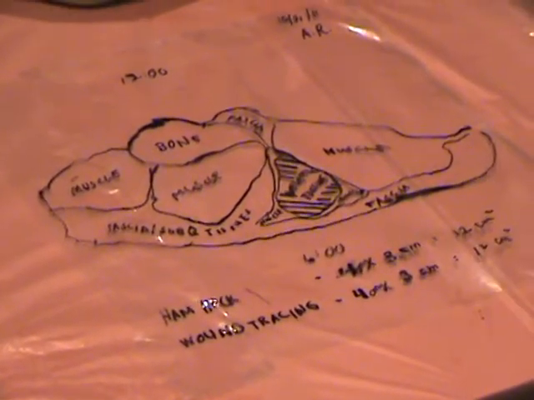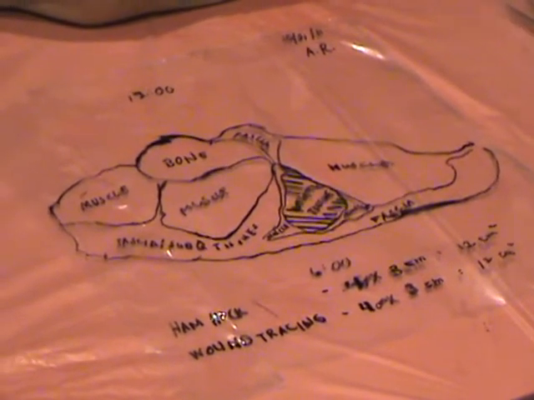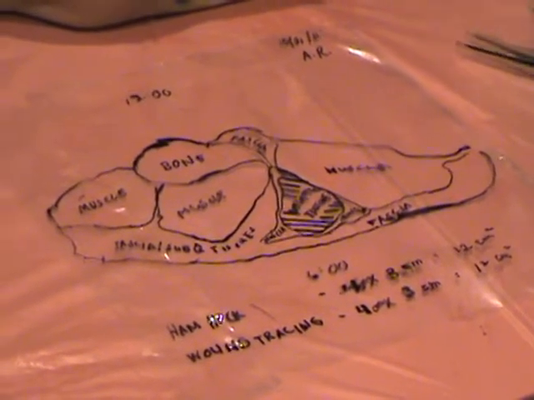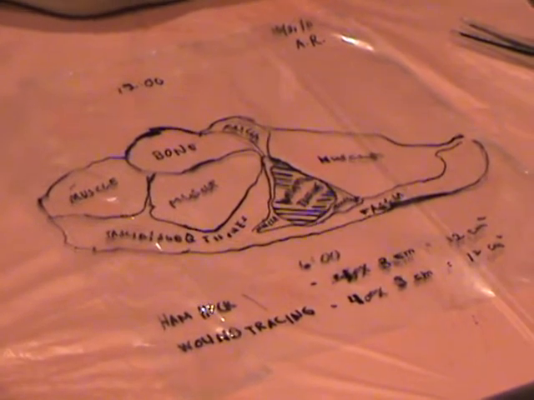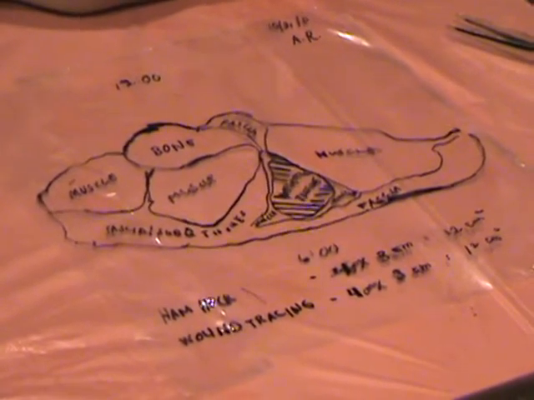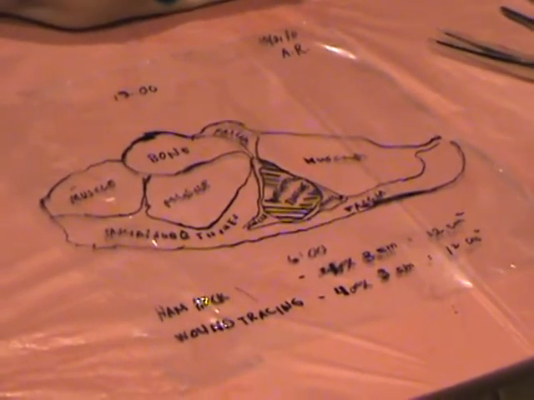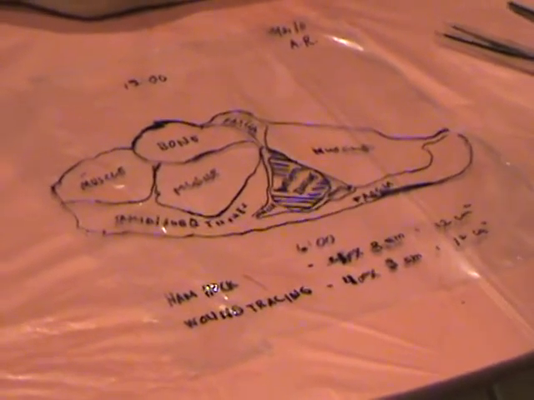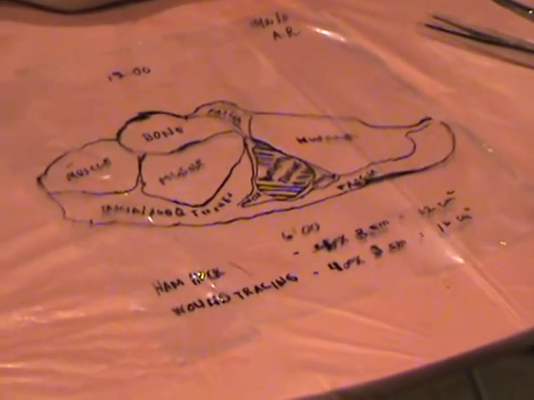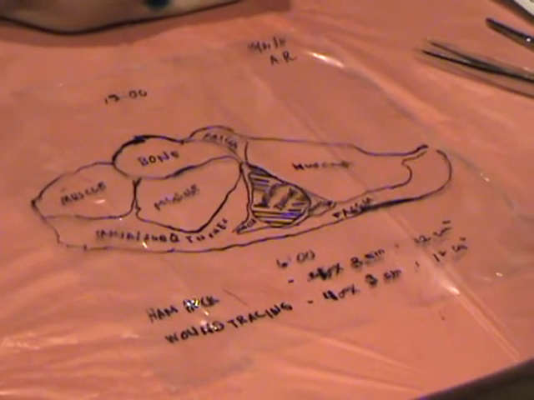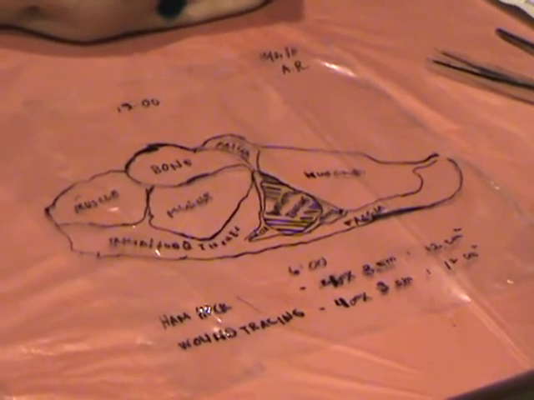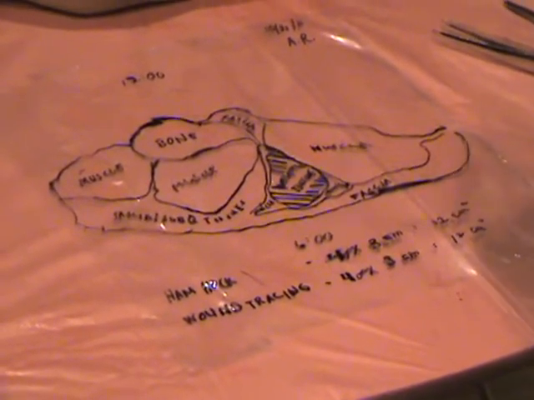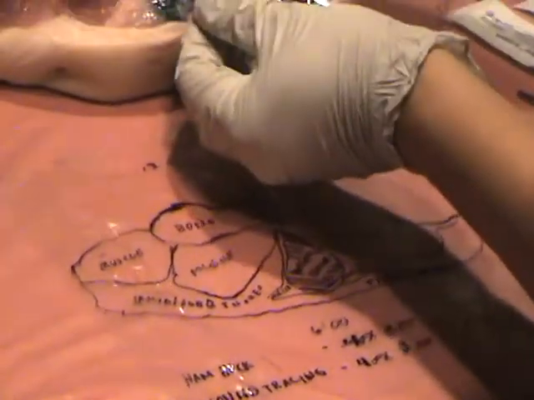And if we're going to be measuring the necrotic tissue, we'll be using the centimeter. So if we're going to be doing it over the hemhock, we'll be using this side.